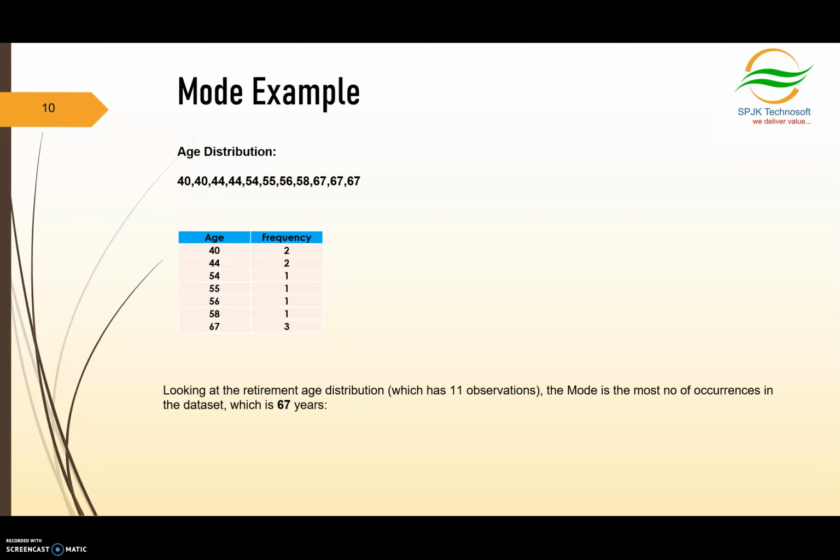And you can see that 67 has occurred 3 times, whereas others have occurred either 1 or 2 times. So in our case, the mode will be 67 because it has occurred the most number of times, that is 3, and that is the reason the mode for this particular data set, which has 11 observations, is 67 years.